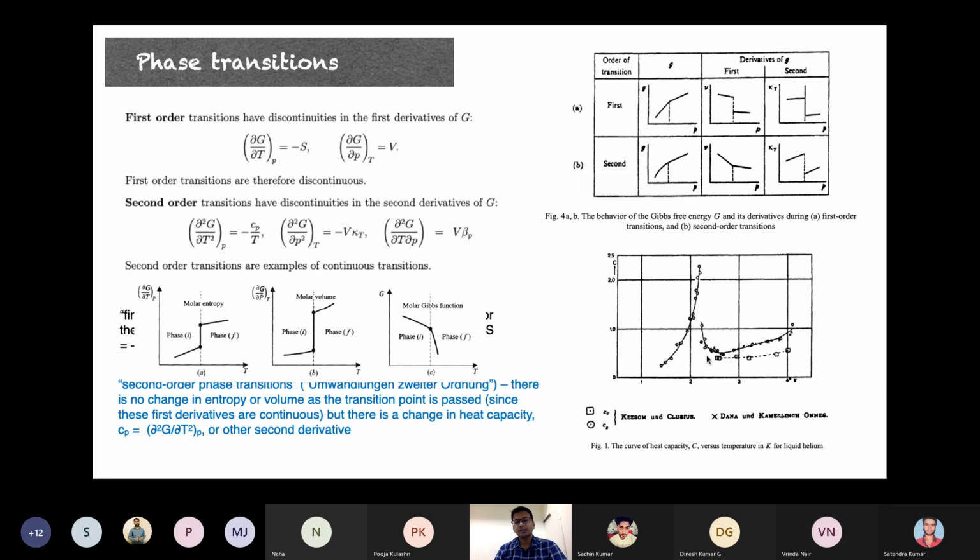He went back and checked, and this cannot be categorized as first order or second order, so he called it a lambda transition. After that, many people explored the possibility of lambda transitions and tried to understand what kind of transition it is. It's a different type of transition, called a lambda transition.